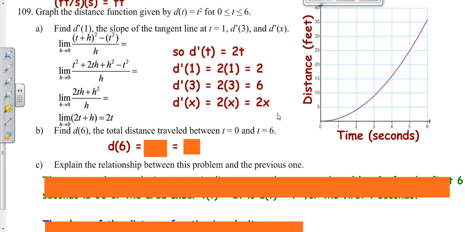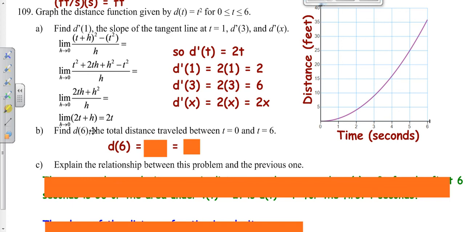Feet per second is velocity. So at 1 second here, our velocity is 2 feet per second. At 3 here, the slope of our tangent line, which is also our velocity, is 6 feet per second. At anywhere along here, it is 2 times x feet per second.